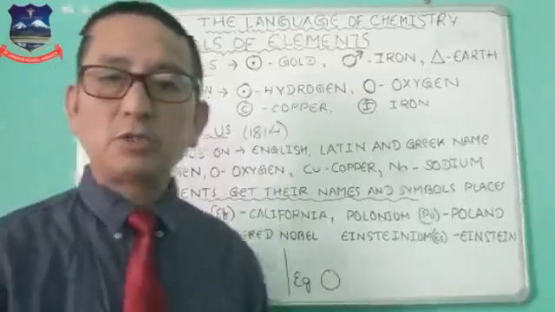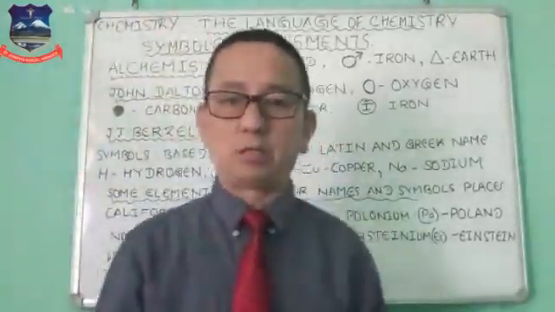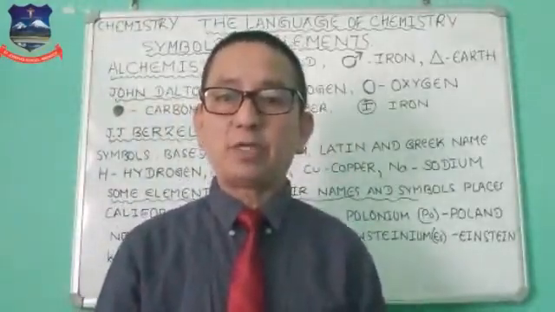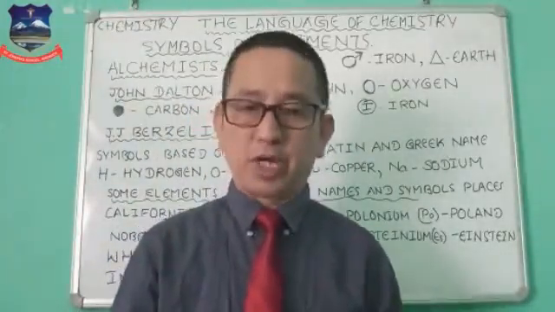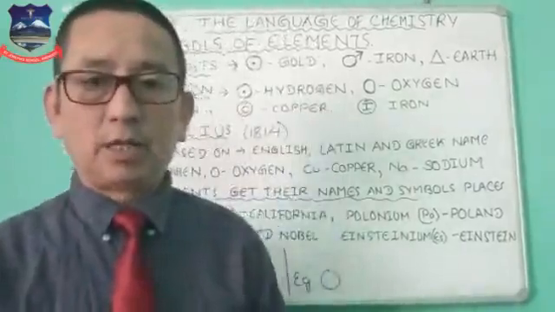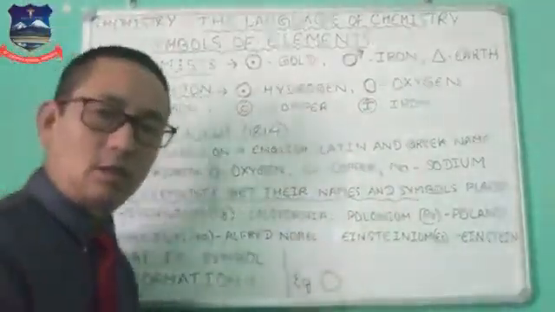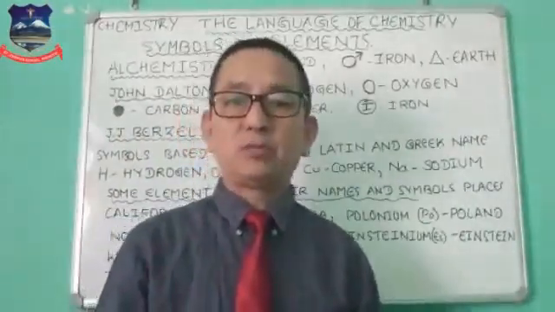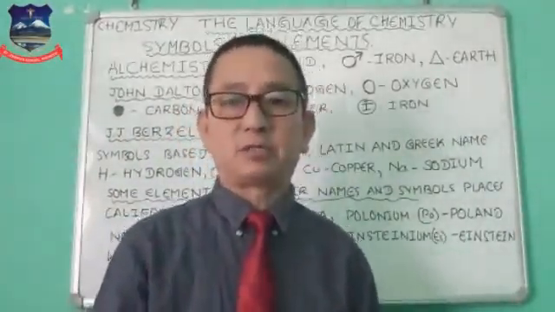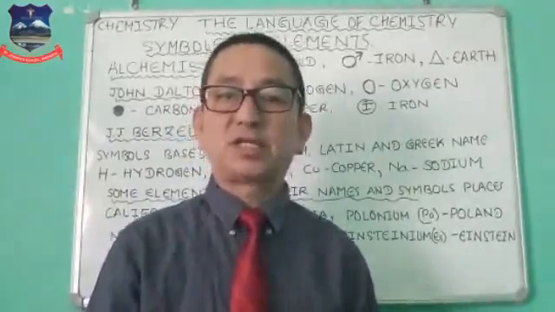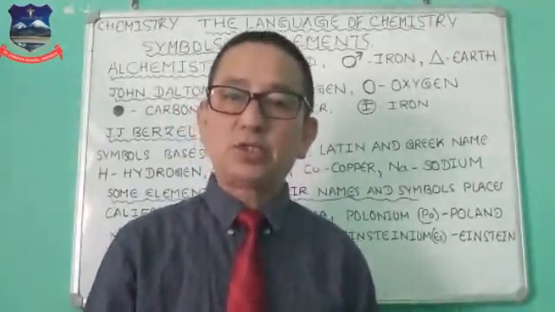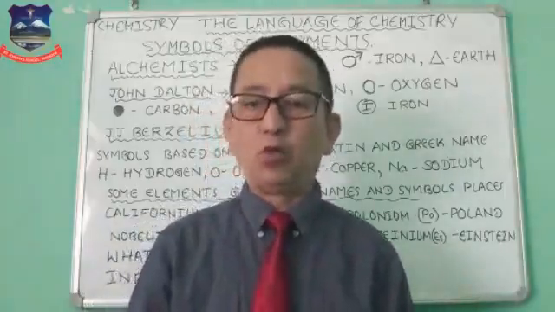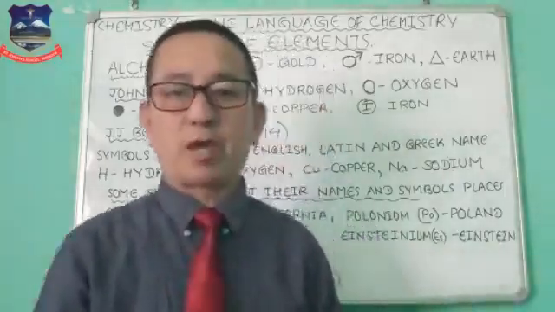So here a question arises in our mind: how did we come to use the symbols of different elements today? In fact, the practice of using symbols for different elements and compounds started centuries ago by alchemists, who were the predecessors of chemists.